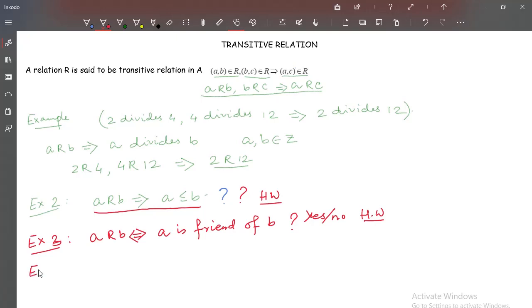Example 4, because these relations are very important, so you should be very careful about them. Let L be the set of all lines in a plane.